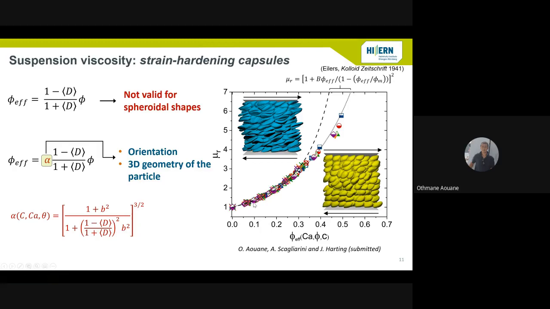At the end, we could observe a collapse of the data by doing this, and the data follow an Euler curve. This is a generalization of what was described in the paper of Luca Brandt, and it takes into account the orientation, but also the 3D shape of the particle, whether you have a discoid, a quasi-spherical, or an ellipsoidal particle.